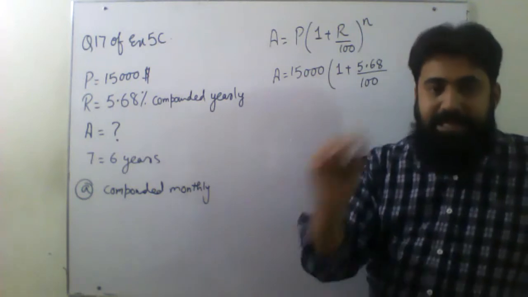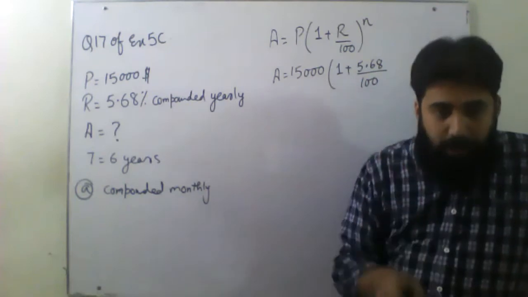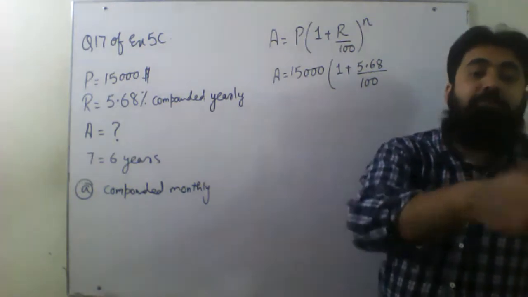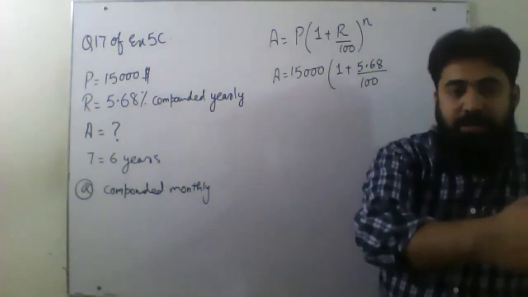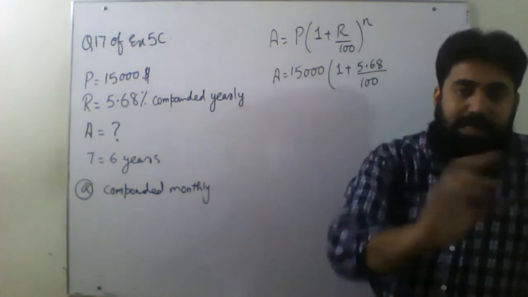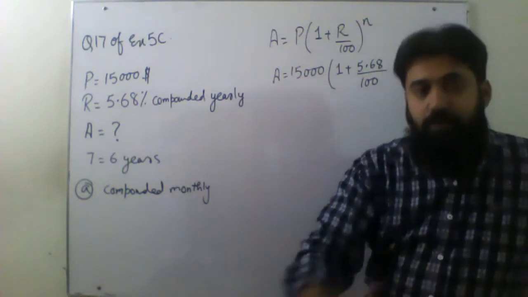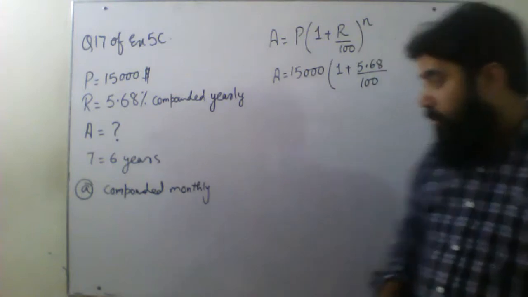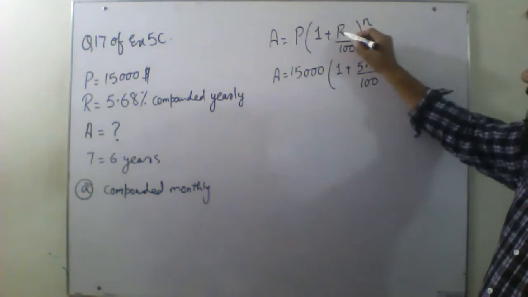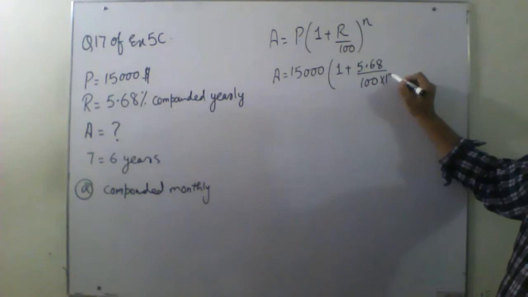So whatever percentage is given will be divided into 12 equal parts and applied for each month. First month passes, 5.68 divided by 12 is applied for the first month, then second month, then third month, and so on. So when they say compounded monthly, I divide the interest rate by 12.